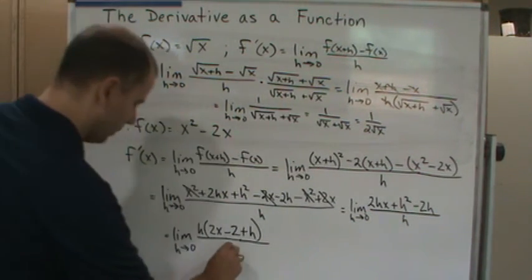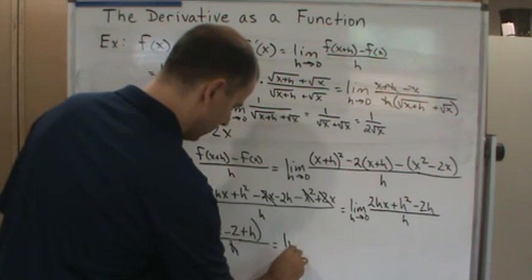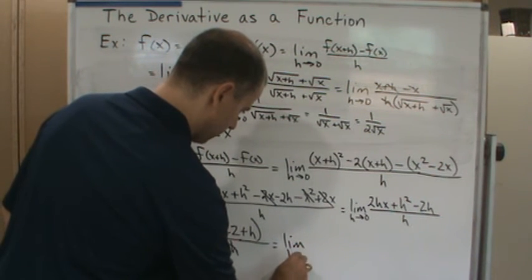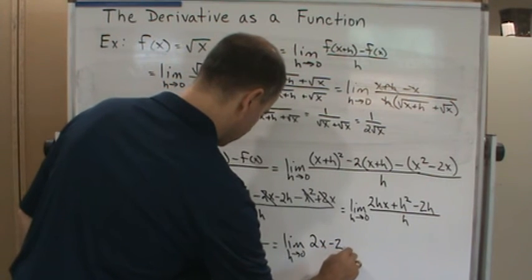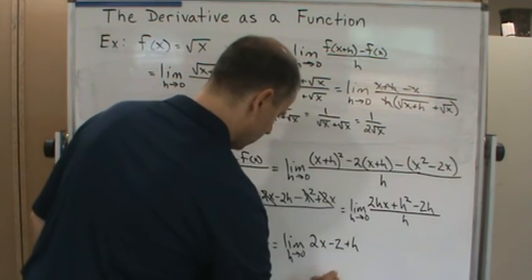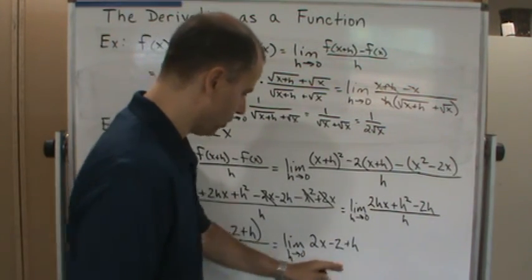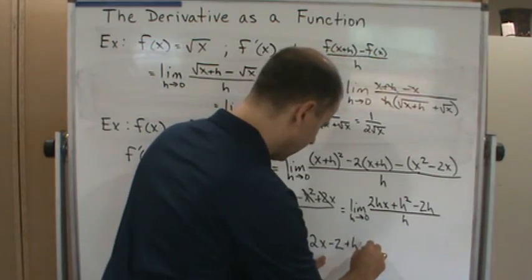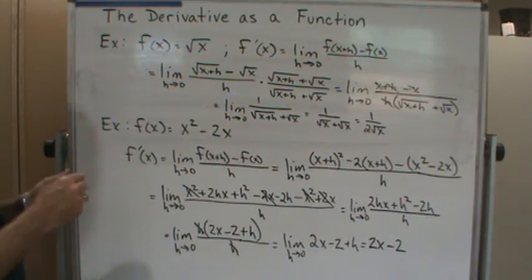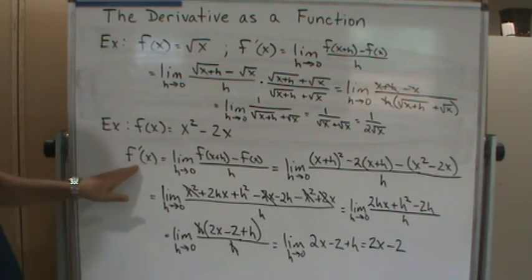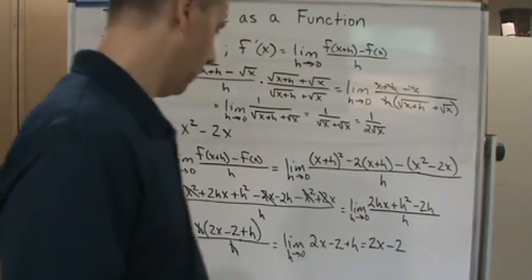Now h on top cancels h on the bottom, and I get the limit as h approaches 0 of 2x minus 2 plus h. And again, this is all continuous everywhere, so as h goes to 0, I end up getting 2x minus 2, and that's the derivative function. So f prime of x is equal to 2x minus 2.